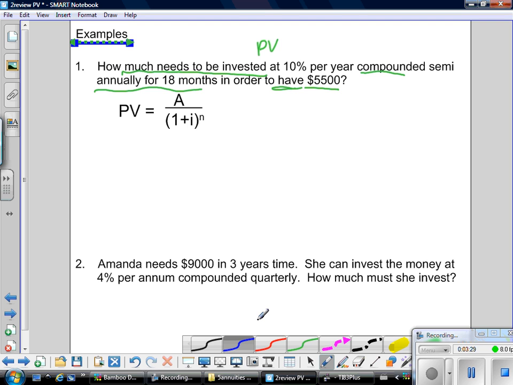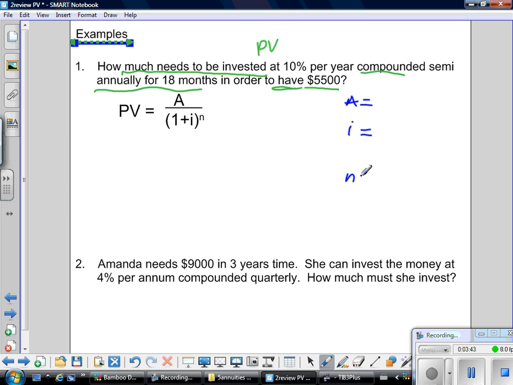If we look at our formula, one of the variables we need to know is A. Another one we need to know is i. And the last one I need to know is n. A is the future amount that I want, and that's $5,500.